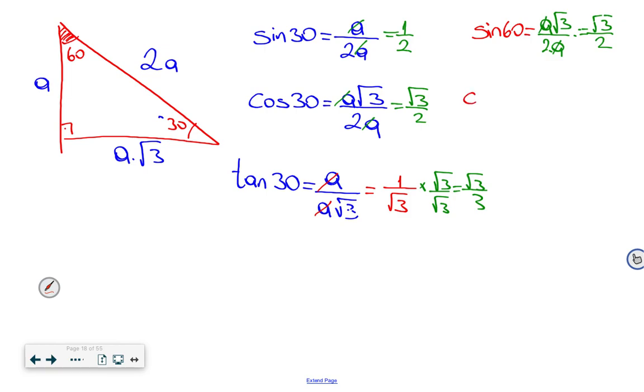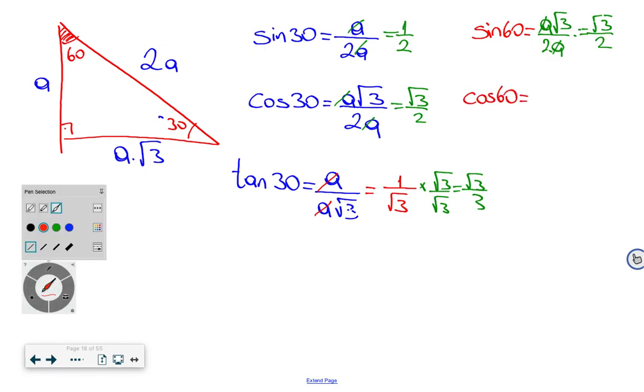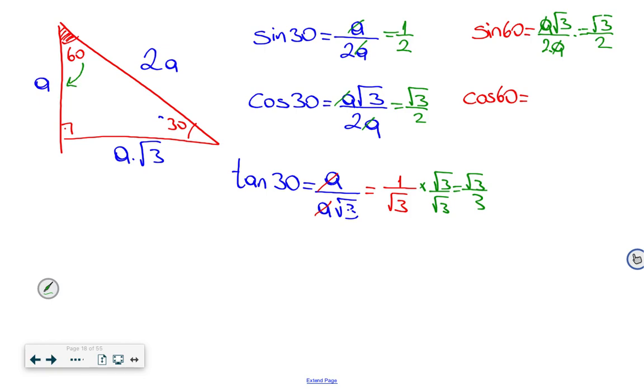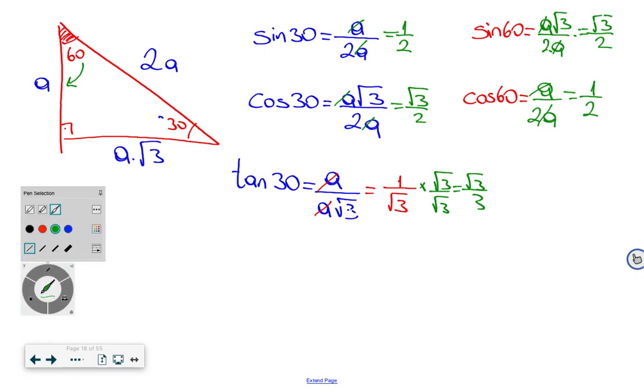Cosine 60 is, cosine function is adjacent over hypotenuse. Adjacent side of the cosine 60 is A over hypotenuse is 2A. When you simplify the A, you can get 1/2 is the trigonometric ratio of cosine 60.